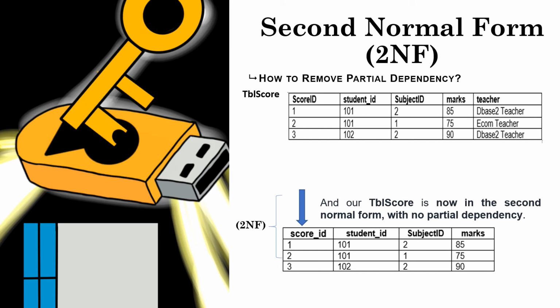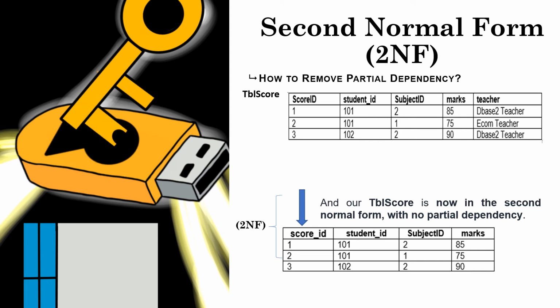How to remove that kind of partial dependency? There can be many different solutions for this, but our objective is to remove the teacher's name from the score table. So the simplest solution is to remove the teacher column from the score table and add it to the subject table.